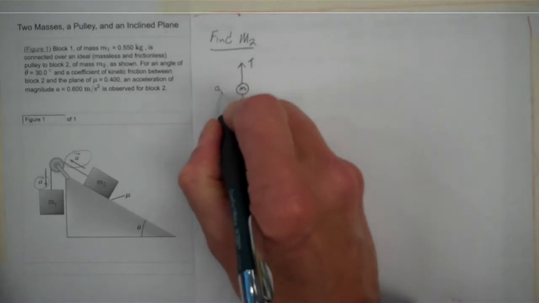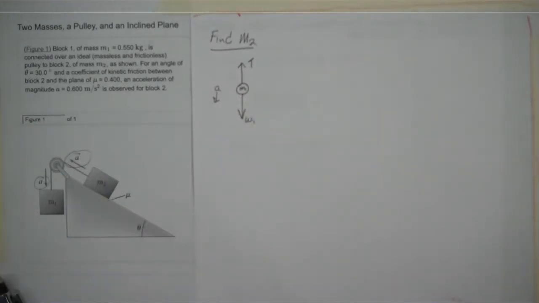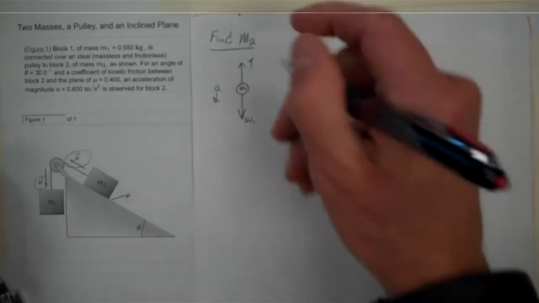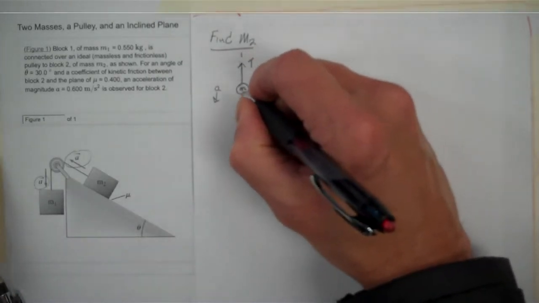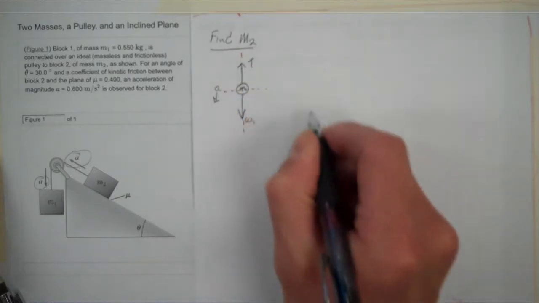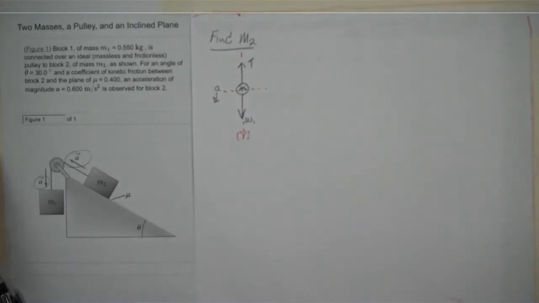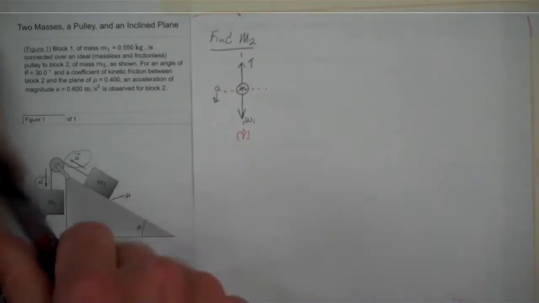It is accelerating down, so I'm going to choose an axis that is oriented with the acceleration and consequently perpendicular. I'm going to make the direction of the acceleration positive. Okay, that's good for that one.